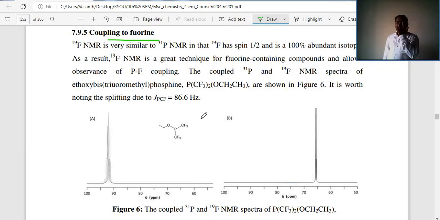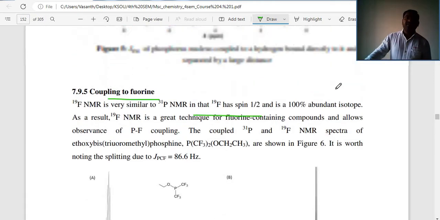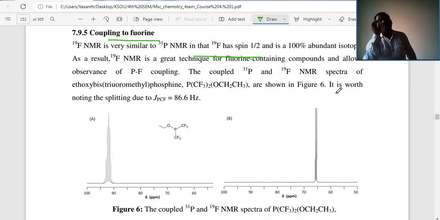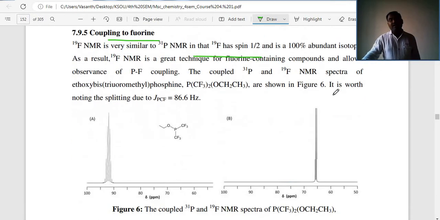Fluorine NMR is very similar to phosphorus NMR. Fluorine-19 has a spin of 1/2 and is also a 100% abundant isotope. As a result, fluorine NMR is a great technique for fluorine-containing compounds and also allows observation of phosphorus-fluorine bonds.